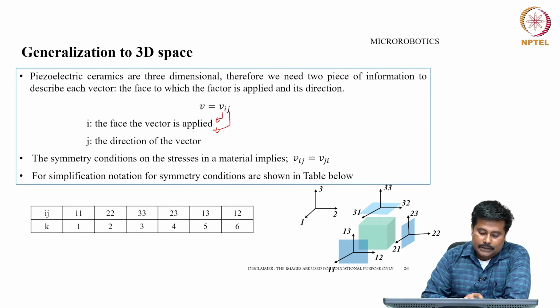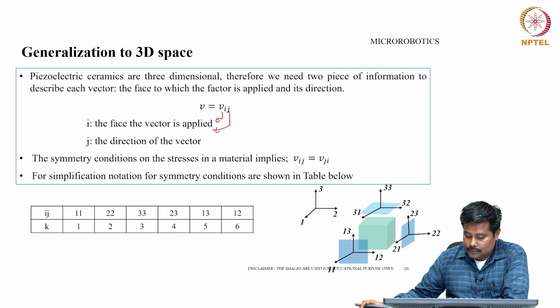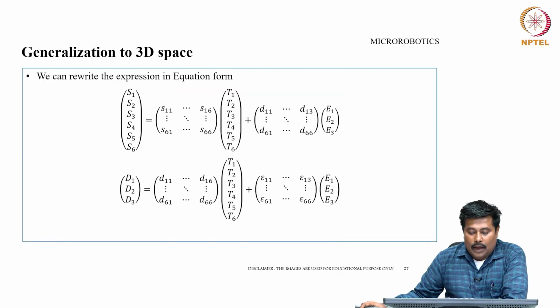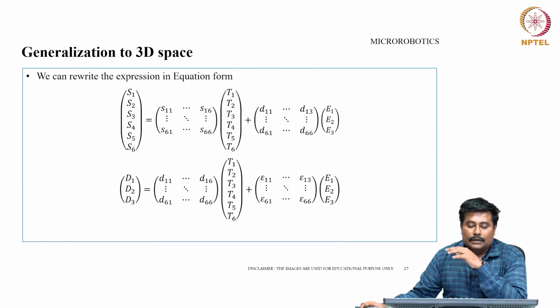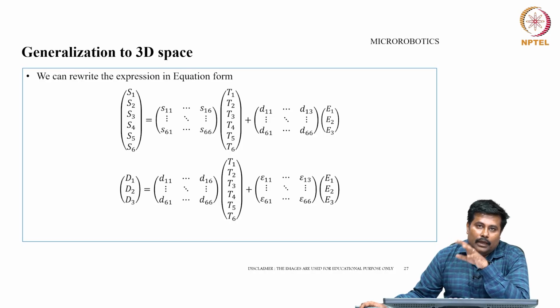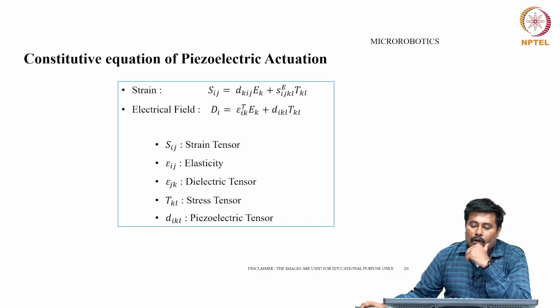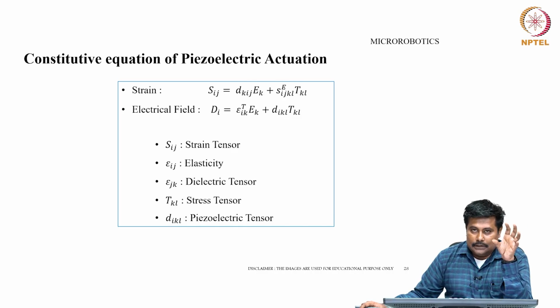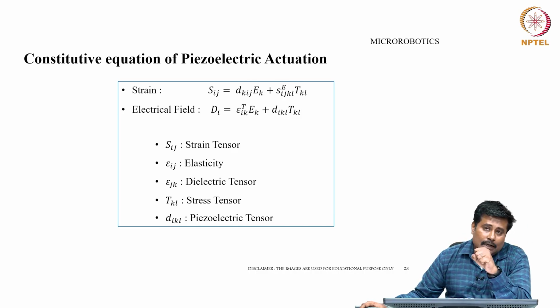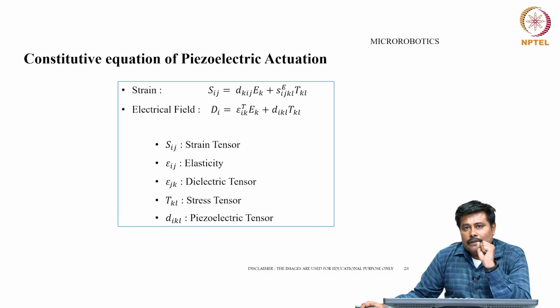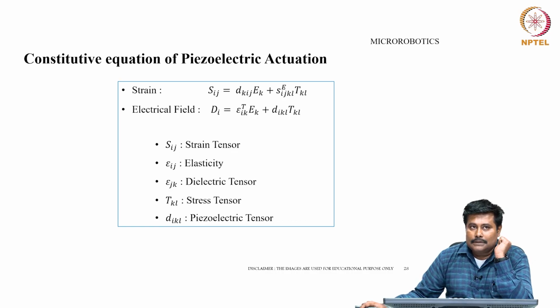So, for simplification, there is a notation for symmetric conditions, which is a kind of generalized form, and the overall generalized 3D space equation is represented in the following form. Now, the constitutive equations are generalized equations or parameters which we consider with reference to general piezoelectric structures.